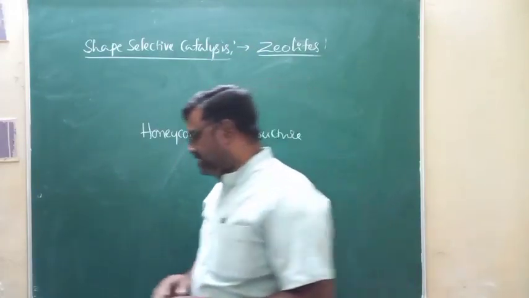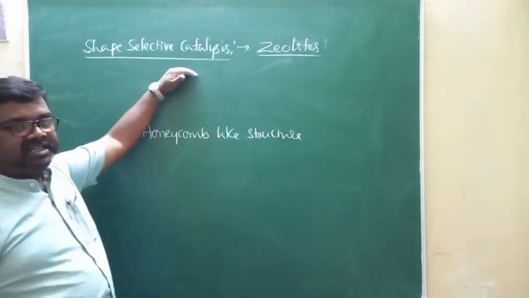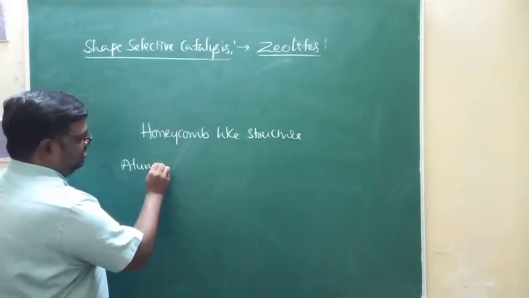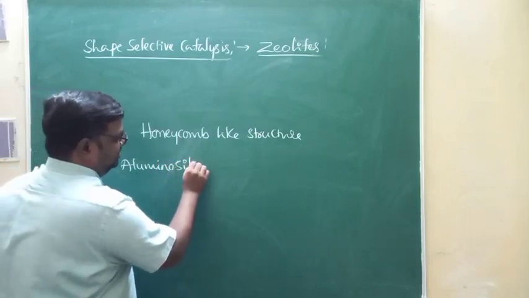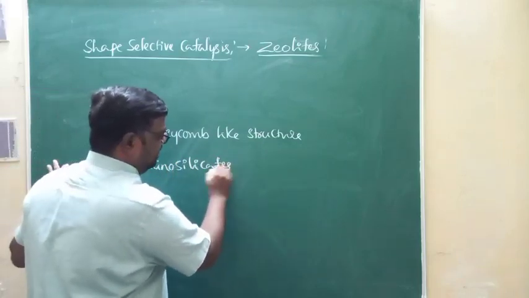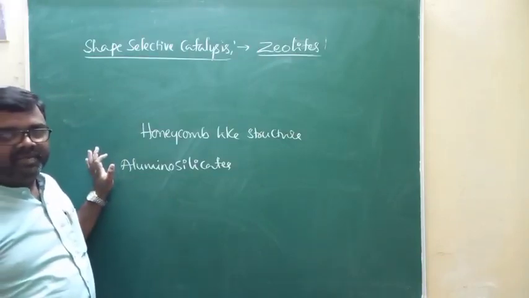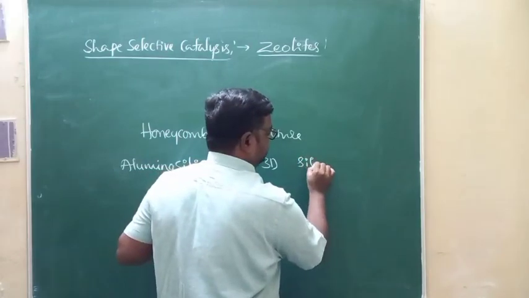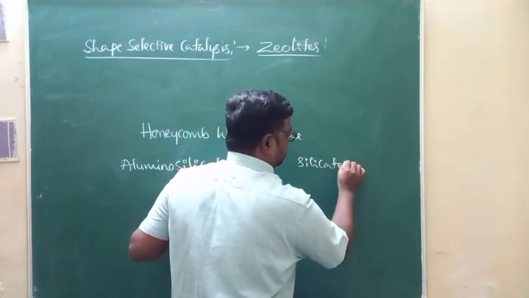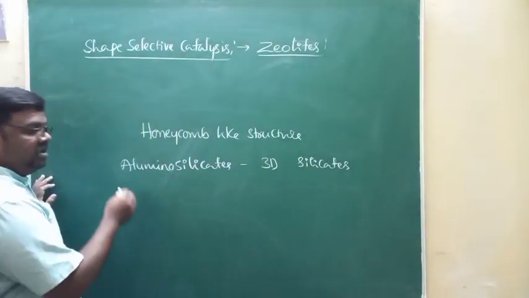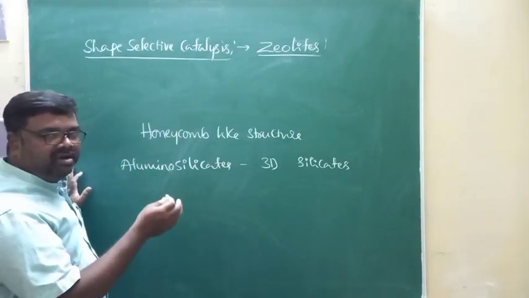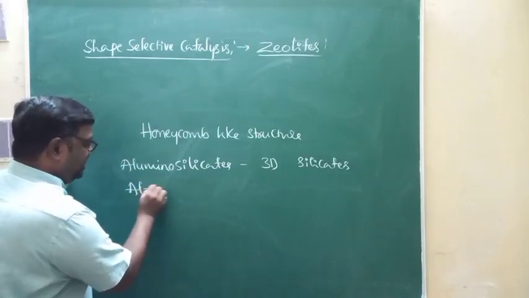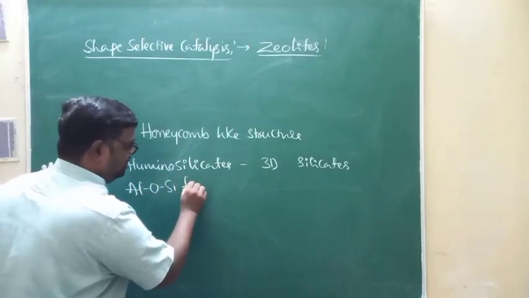As far as the chemical nature of zeolites is concerned, chemically, zeolites are aluminosilicates with a three-dimensional network of silicates in which some of the silicon atoms are replaced by aluminum atoms to give an Al-O-Si framework.